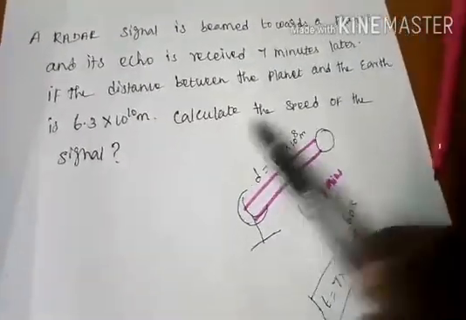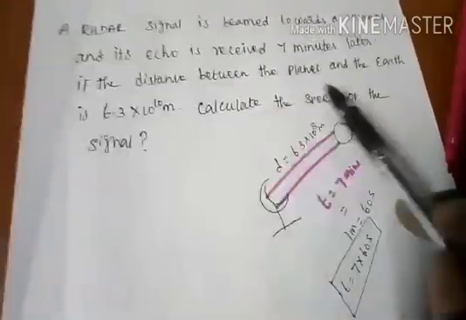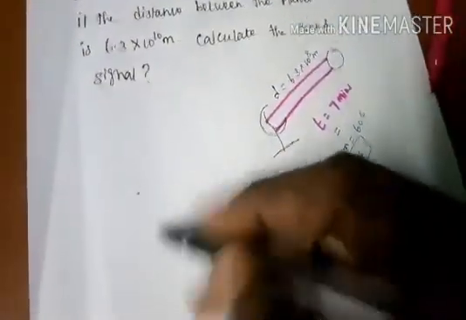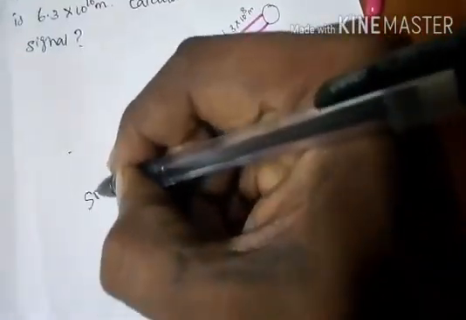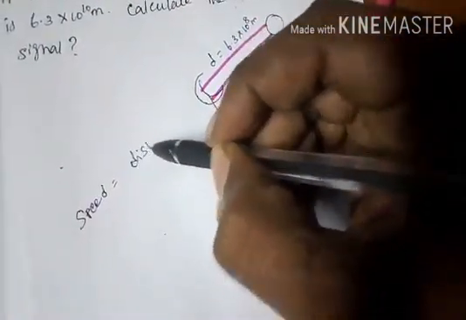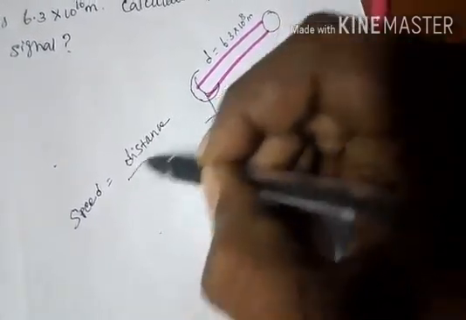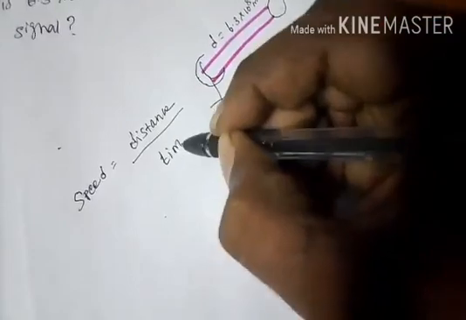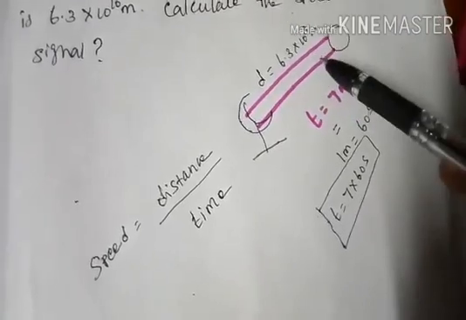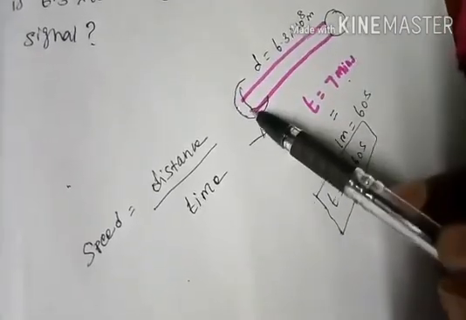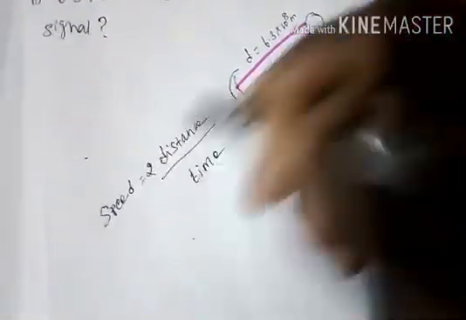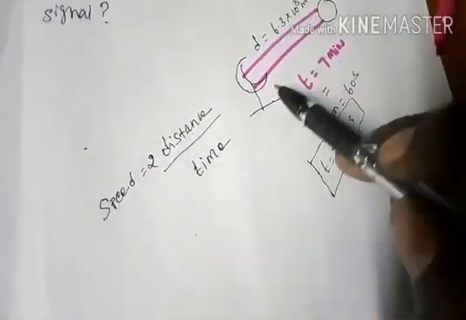In our question, calculate the speed of the signal. So what is the formula of speed? Speed equal to distance per time. Here the number of times the distance traveled is 2, because it is sending and then receiving. So I am putting 2: speed equal to 2 times distance traveled divided by time taken.